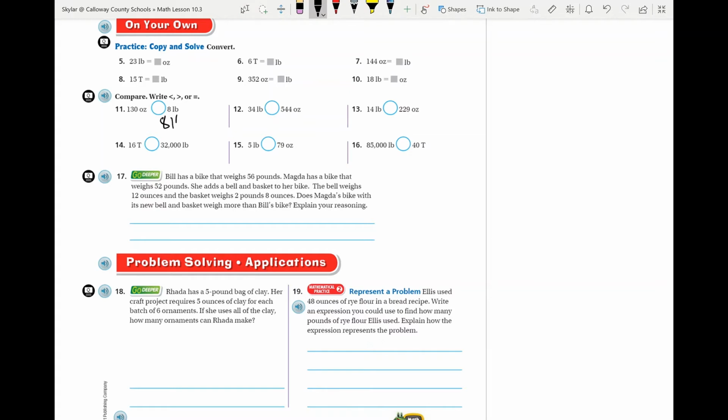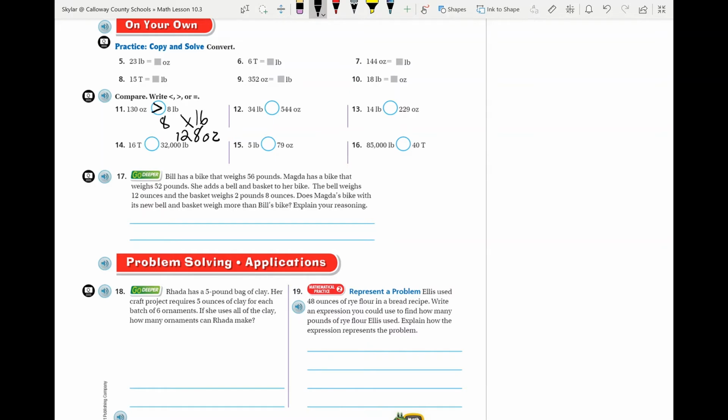So 8 pounds times 16, because you are going to be making it into ounces. How about we just do this? 8 times 16. Just to see how many ounces we're going to have. And that will give us 128 ounces. Once you have the same unit, you can compare them.